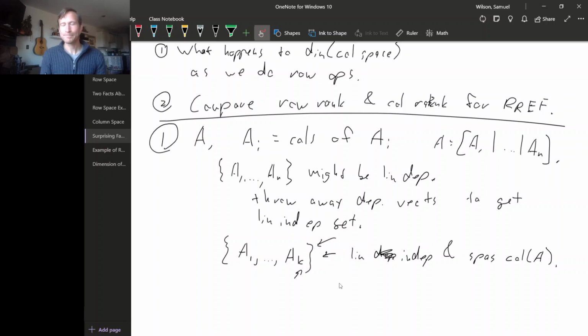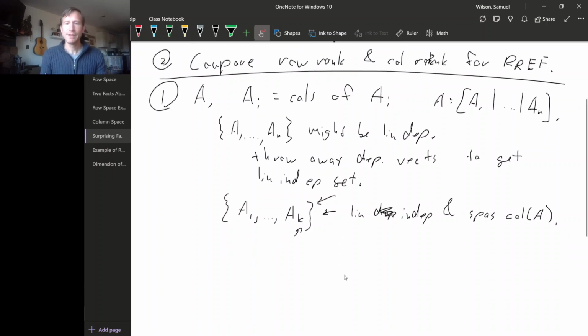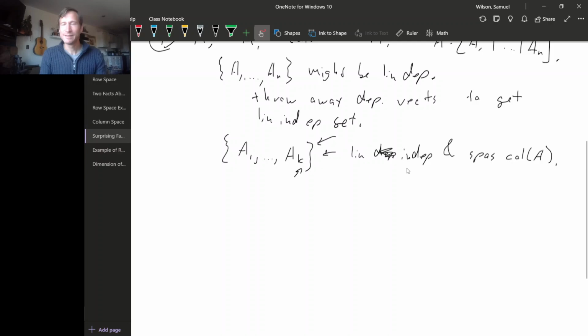All right. Now, notice that we have actually come up with a basis for the column space. So, secretly, the column rank of A is k, is what we're saying here, right? Because we have a basis for the column space with k things in it.